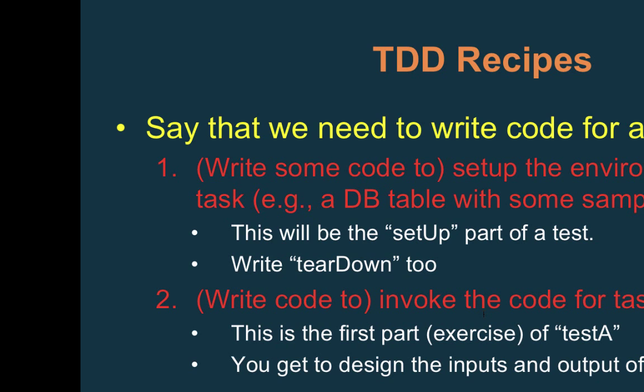Okay, so now you have the fixture in place, the database, the tables in place. In test-driven development, you think first, before you even think of what the code actually does, you would think more of how the code will be used. Right?